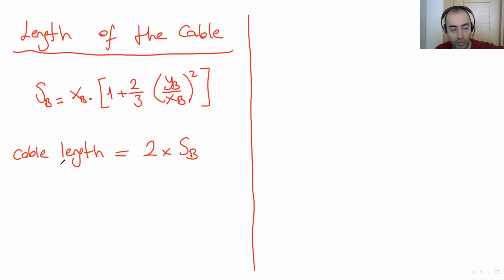This equation gives you the half cable length, SP. We will see how we use this YB, XP in the examples. But keep in mind, SB is half of the total cable. The cable length is 2 times XP. You have to know this equation.